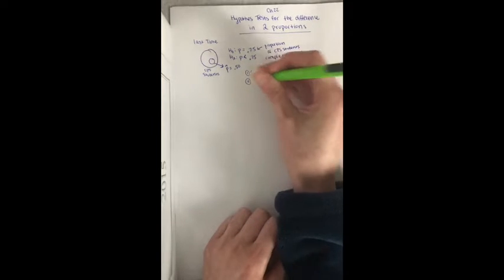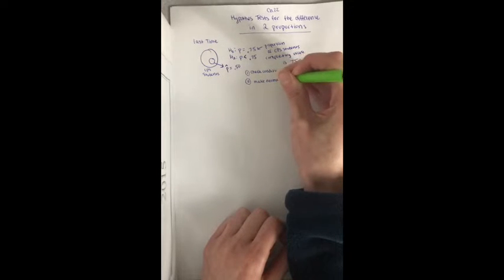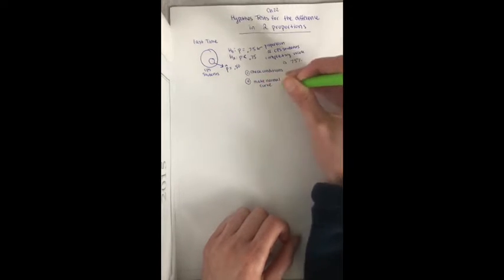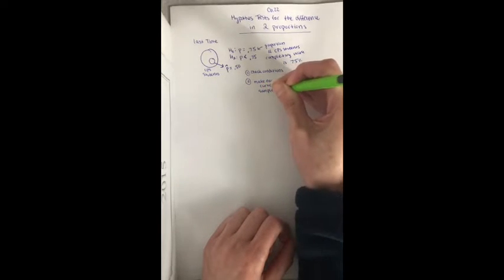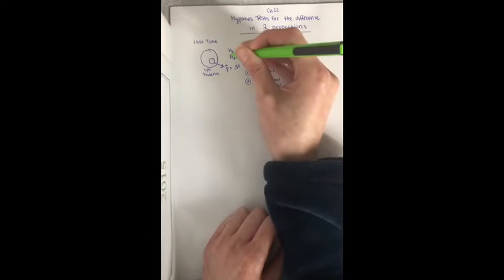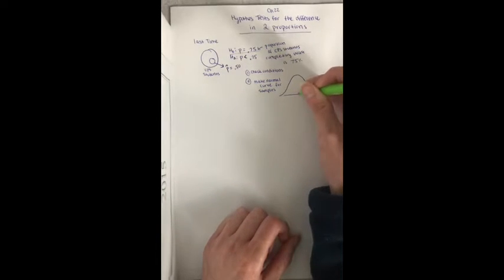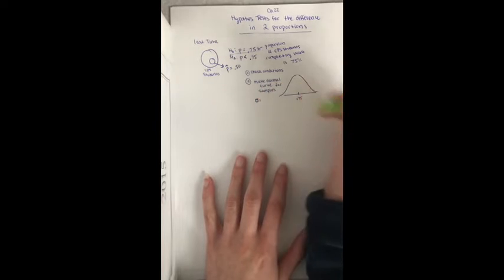Then you make your normal curve, because samples should show that if this is true, that the percent who are completing is 75%, and we find the standard deviation for that.